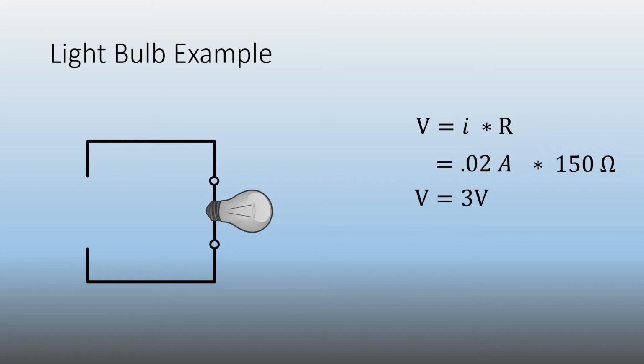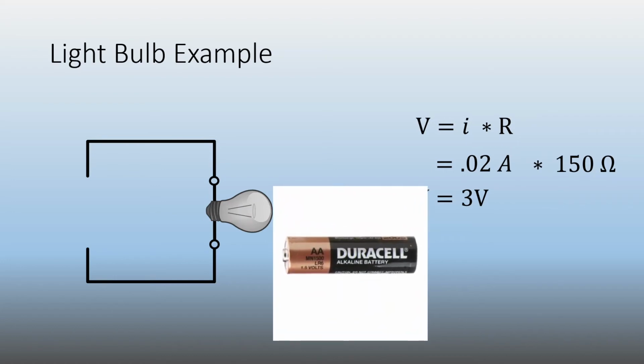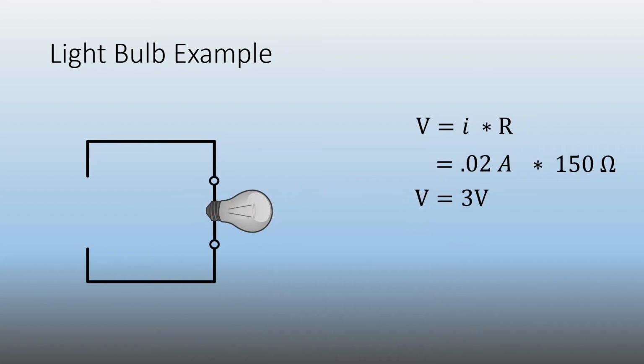So we're walking around the hardware store trying to find a suitable voltage source to power our project. We come across a AA battery. We read the fine print and notice it says 1.5 volts. We go ahead and plug the battery into our circuit to see if it will work. Now remember, voltage acts like a pushing force.